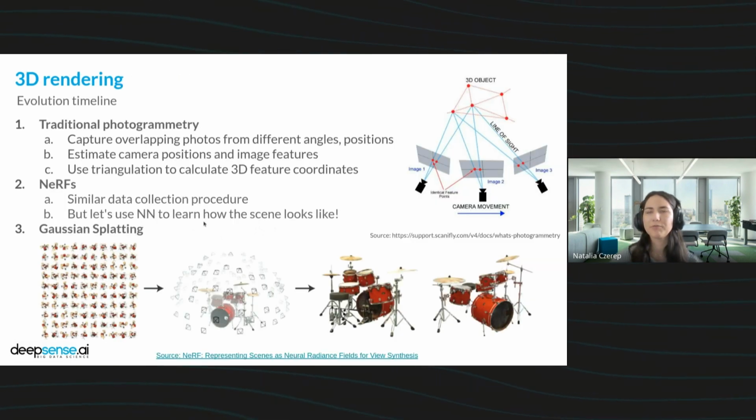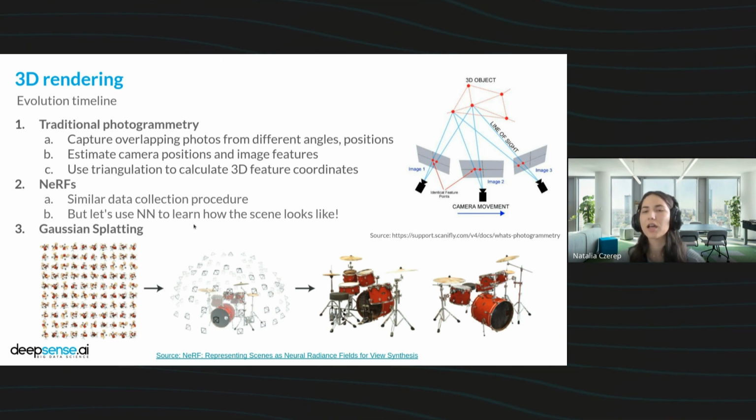But before that, I want to give you a short history note about the evolution in 3D rendering for some context. We started with traditional photogrammetry, which uses triangulation to calculate where to put the image's features into 3D space.